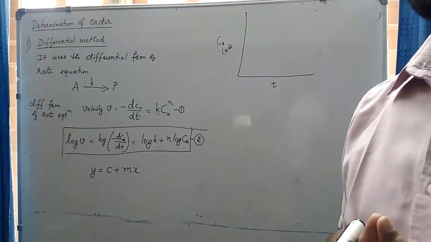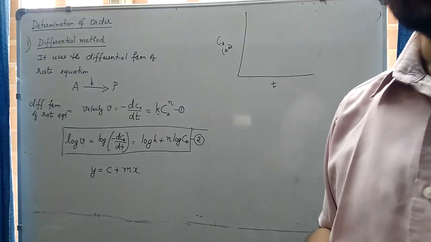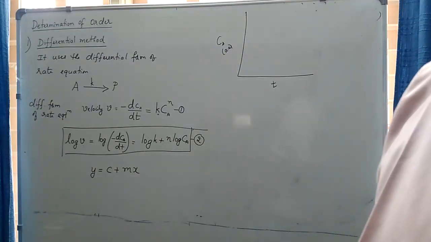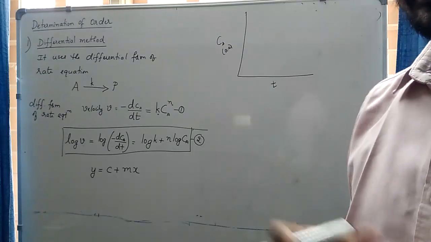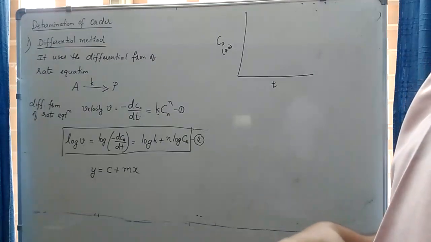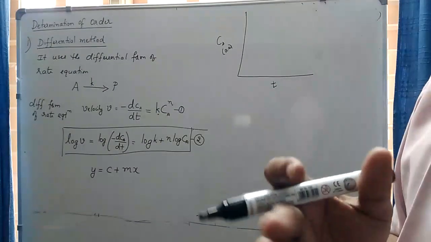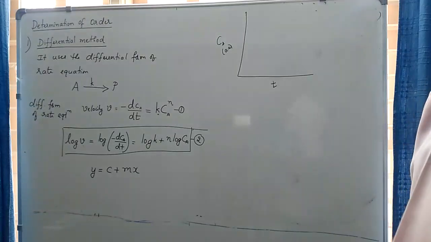For example, if one of the reactants or products is an electrolyte, that is, it has the capacity to carry current and conduct electricity, we can measure the conductance of the solution. If the reactant is a conductor, then the conductance of the solution decreases with time as the concentration of the reactant decreases.